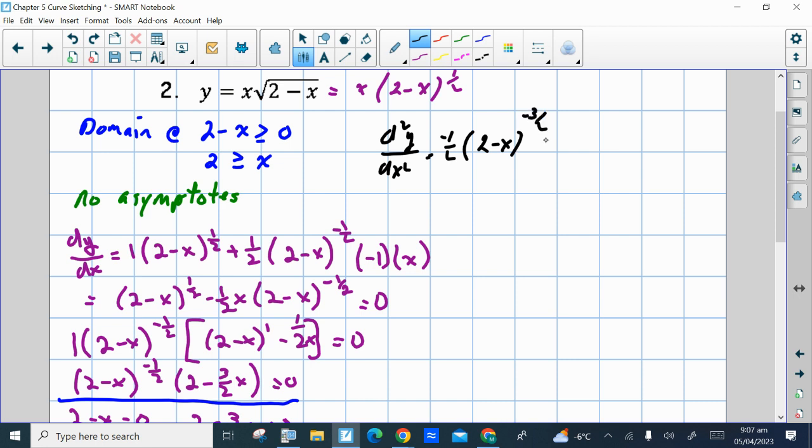The other part is multiplying by the derivative of what's inside, and then multiplying by the second factor, which is 2 minus 3/2 x, plus the derivative of the second factor will just be negative 3/2 times the first factor, which is 2 minus x to the negative 1/2.